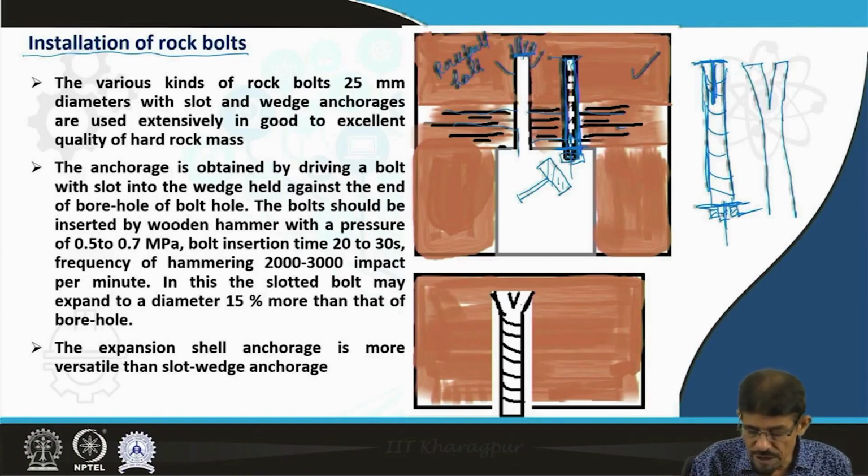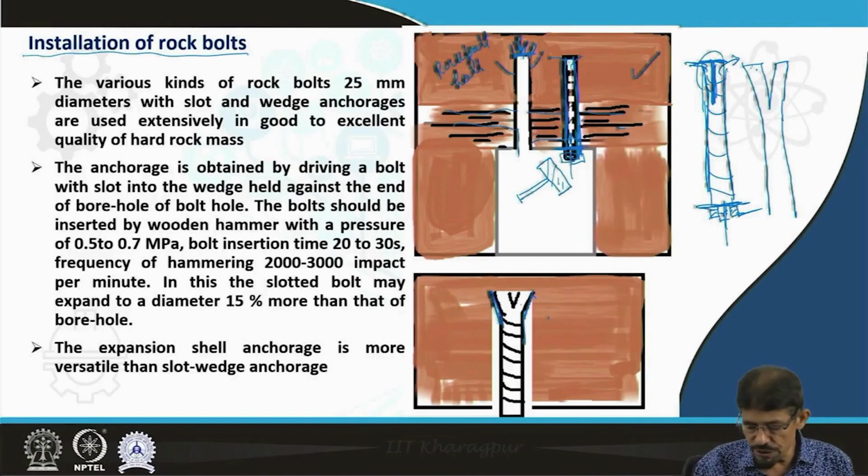Due to the thrust coming from here as a reaction, following Newton's third law, this part starts moving here and this part starts moving here, and finally the bolt makes contact with the wall of the hole.